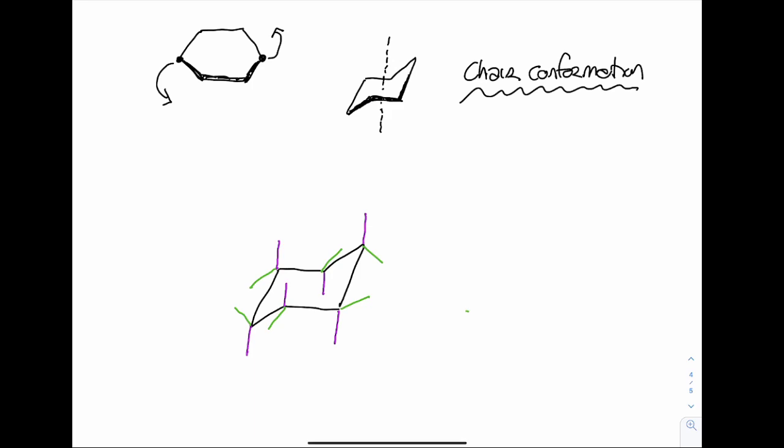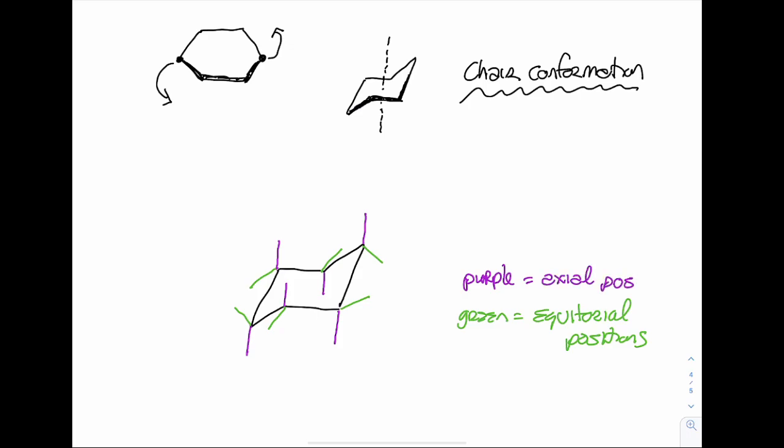So my green, these are my equatorial positions. And my purple, these were my axial positions. So I do want us to look at those. We'll take a look at the model.